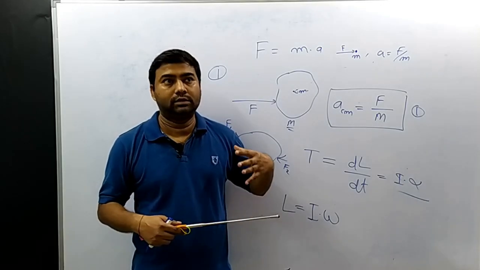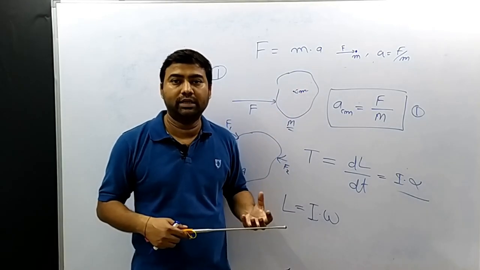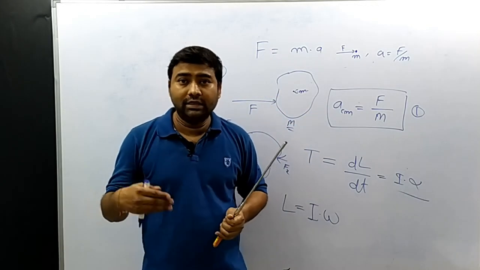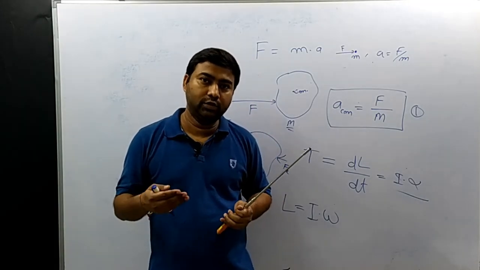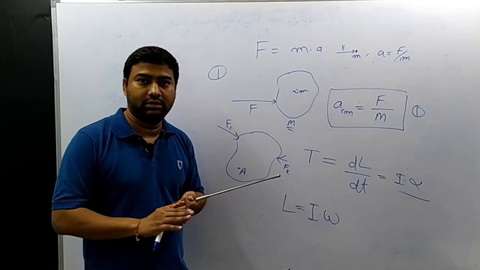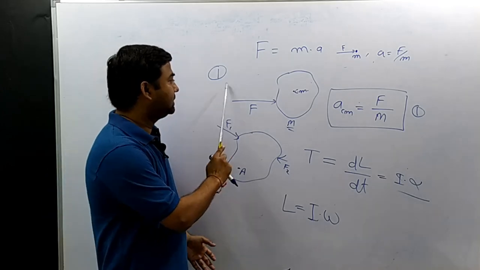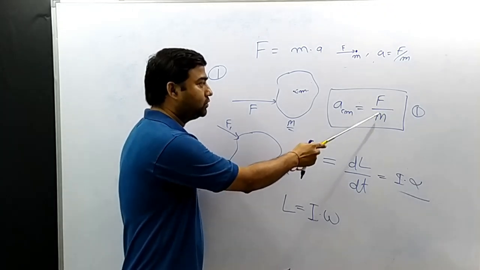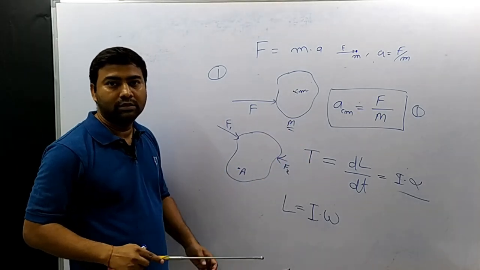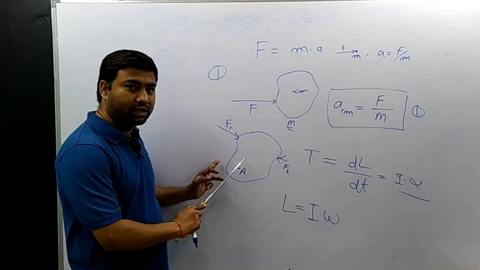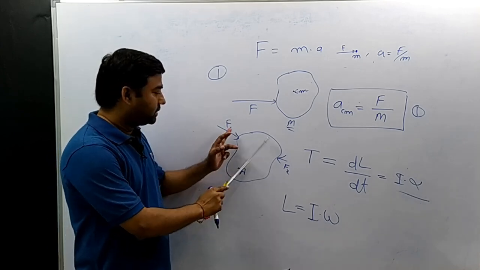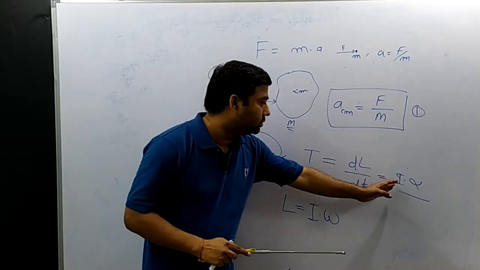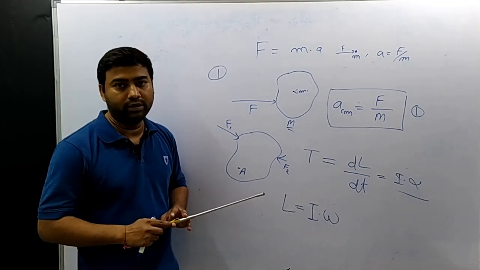So till now we have discussed Newton's law of motion for point mass and Euler's law of motion for rigid bodies. After discussing Euler's laws of motion, we know that a force has two effects. First is the linear effect for a rigid body, that is linear acceleration is net force divided by total mass. And the second effect is the rotational effect. This force will have a torque and the total torque is equal to the rate of change of angular momentum.